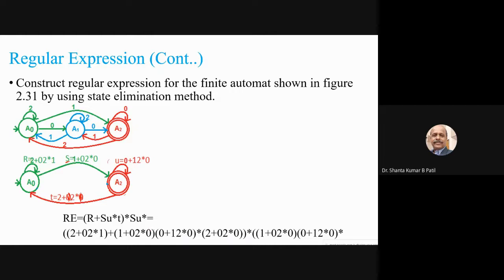U as 0 plus 1, 2 star 0. Like that, you can substitute T as 2 plus 1, 2 star 1.